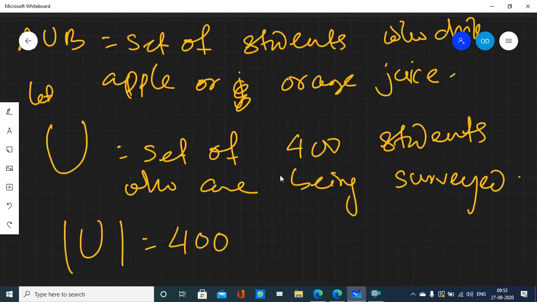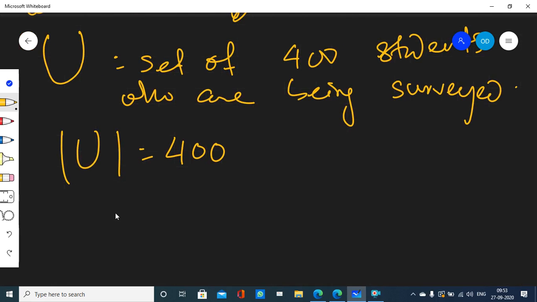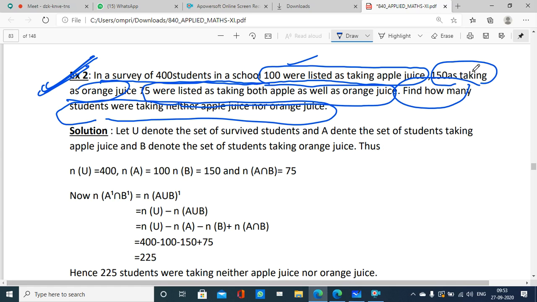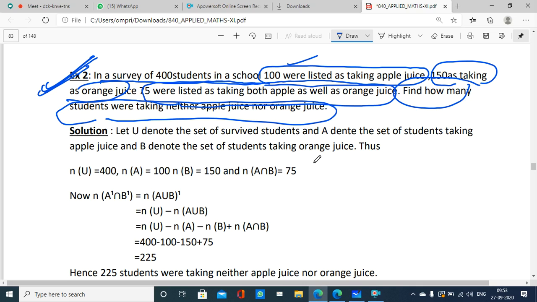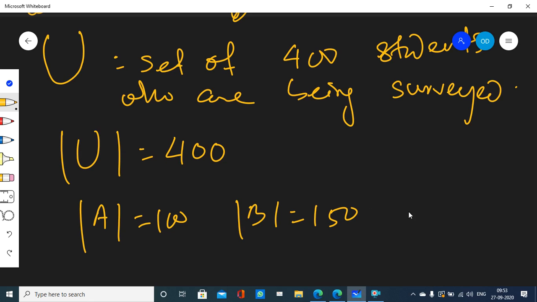So cardinality of A is 100, because 100 drink apple juice, and 150 take orange juice. That means cardinality of B is 150. And there are 75 who take both apple and orange, which means the intersection.